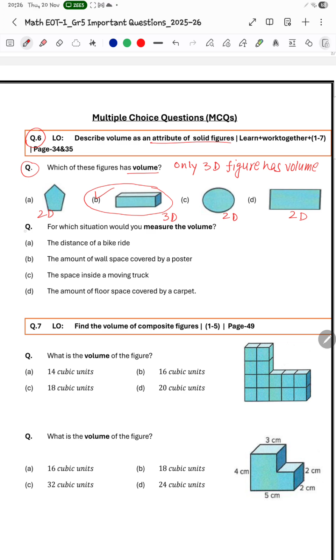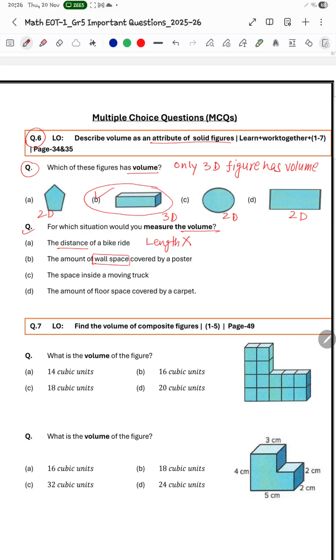Now question number 2. Which of the following situation gives you volume? So it's very obvious from the options. The distance, yani length, will not give you volume. Option B, amount of wall space.